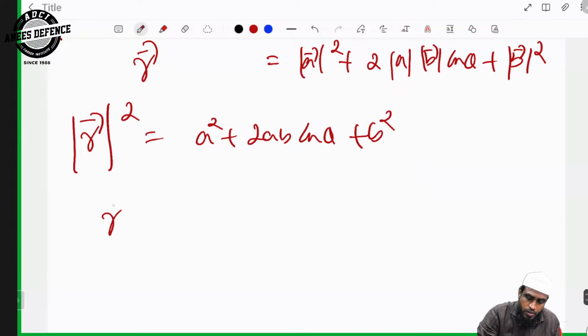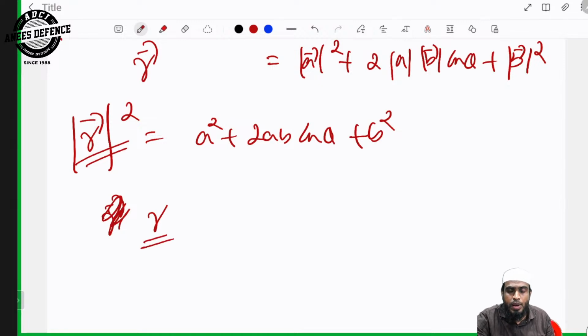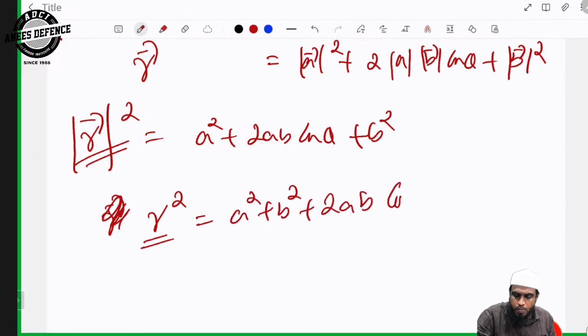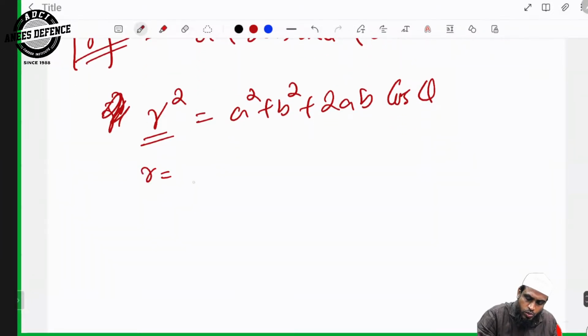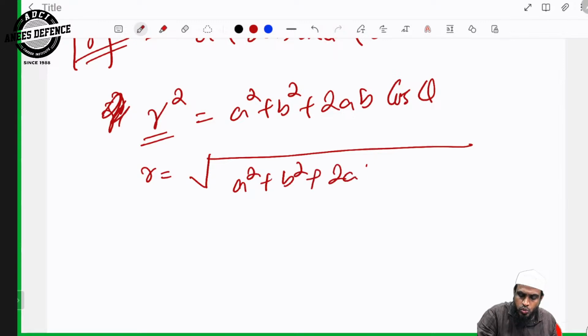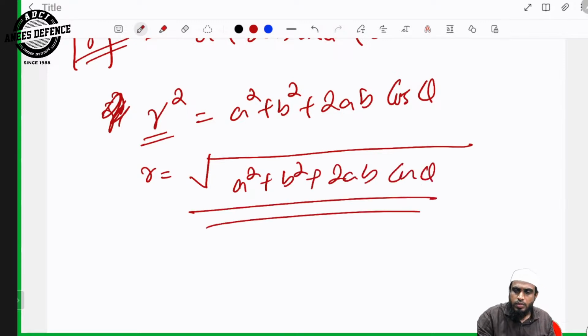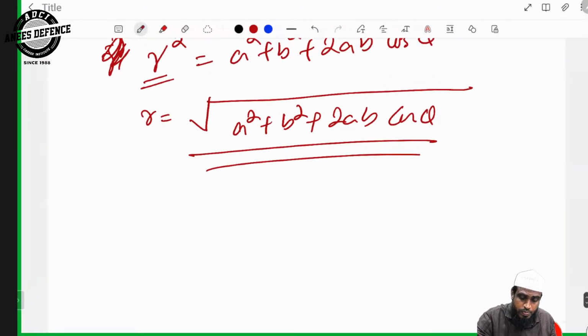Therefore, the magnitude of vector R can be written as R only. So R square is equal to A square plus B square plus 2AB cos theta. Therefore, R is equal to the root of A square plus B square plus 2AB cos theta. That is the resultant of two vectors.